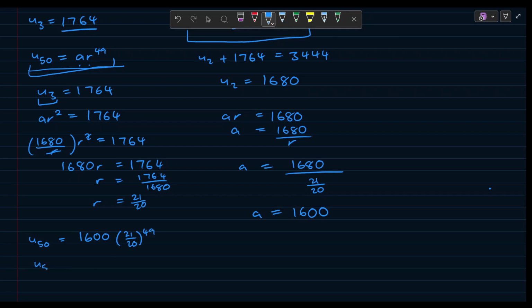So u50 is equal to, let's punch that into the calculator, 1600 times 21 over 20 to the power 49, and that gives us 17,474.1331. And if we give that correct to three significant figures, that's 17,500. And that would be our final answer.